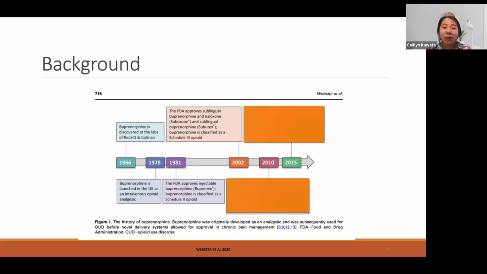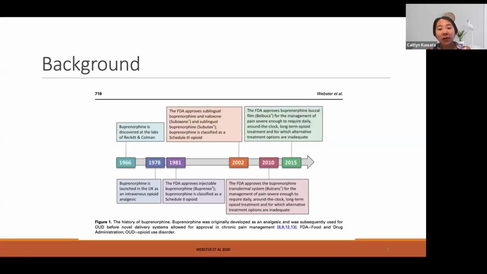And this is a lot of times where people heard of buprenorphine, from the purposes of treating opioid use disorder in 2002. Then in 2010, the FDA approved the transdermal version of buprenorphine, commonly known as Butrans. And this was for the indication of severe pain and chronic pain.